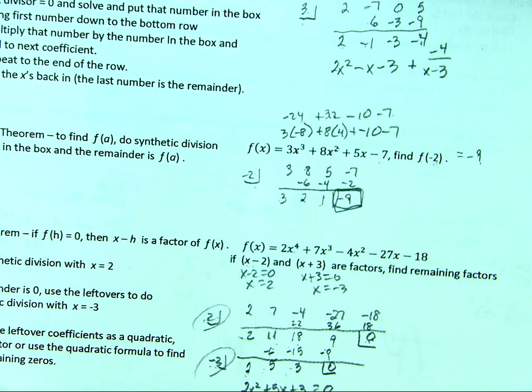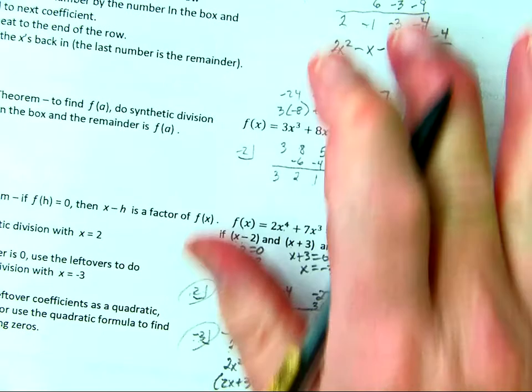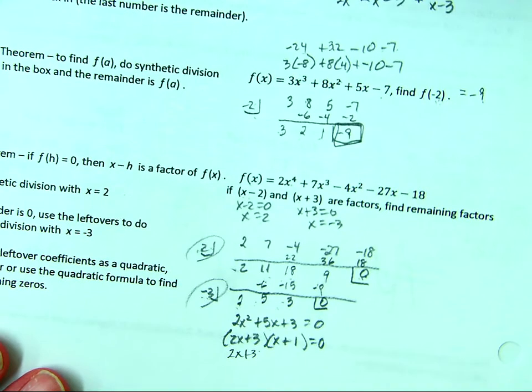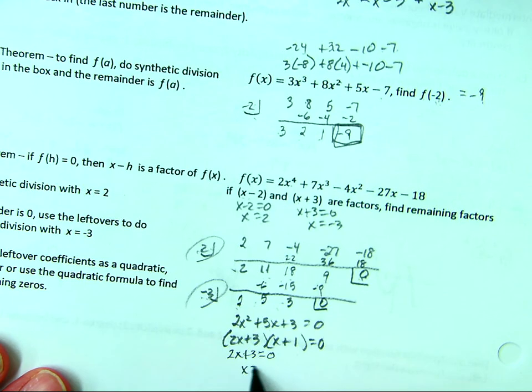That would give me 5x in the middle. I think that looks right. So now if we set each of those equal to 0, that factors as 2x plus 3 and x plus 1. So if I set 2x plus 3 equals 0, I get x equals a negative 3 halves. If I take x plus 1 equals 0, I get x equals negative 1.